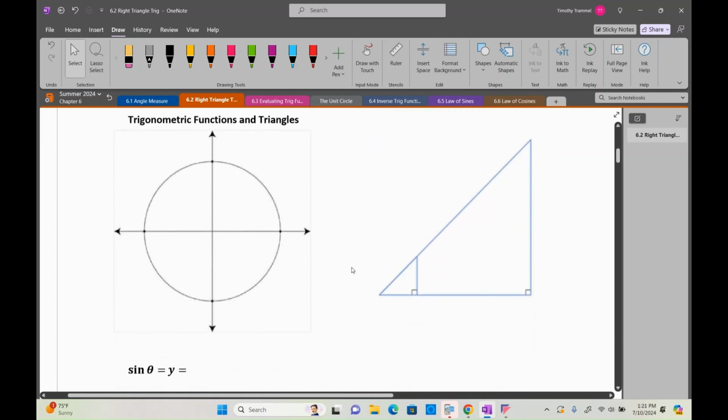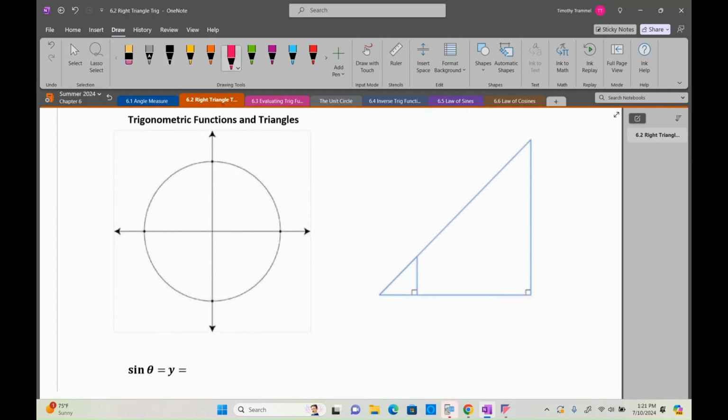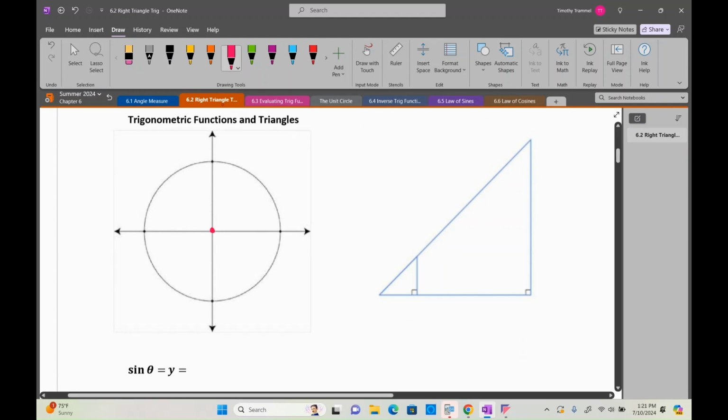So what I want us to do is imagine that we have some angle. Maybe it looks something like this. And you could imagine that we could form a little right triangle here.